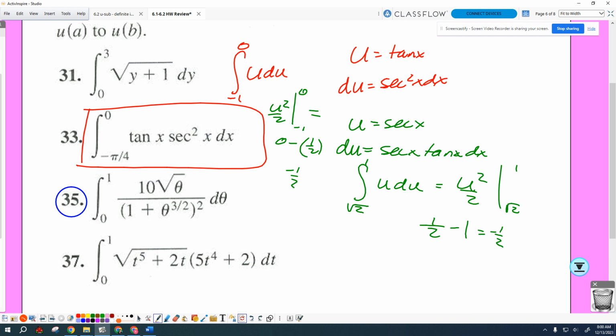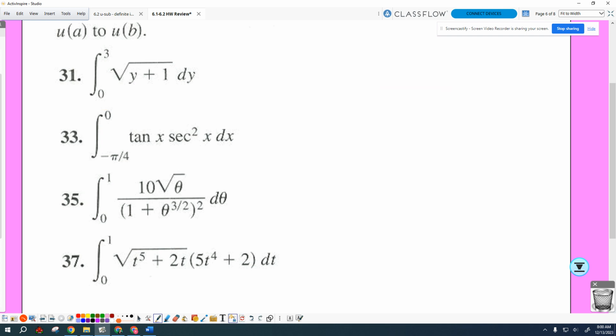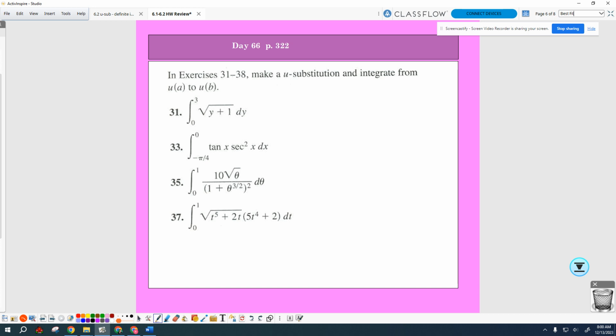Are we okay with 35? The reason it's circled is it's a traditionally highly asked question. I mean, to me, here the u values stand out, not the entire denominator, but the thing being raised to a power in the denominator.